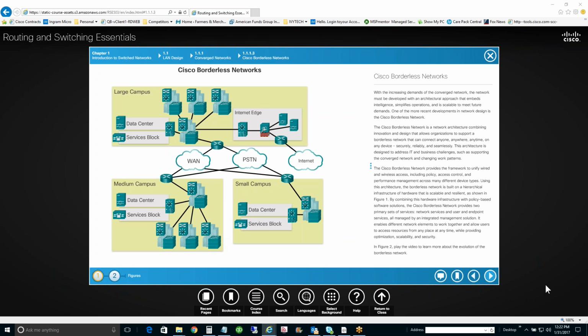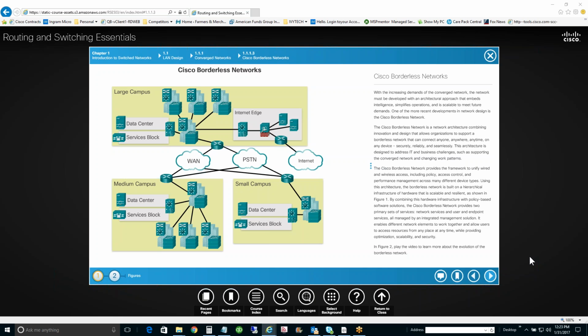On slide 1.1.1.3, Cisco talks about borderless networks. Borderless networks is essentially Cisco's marketing term implying that their networks can connect anyone, anywhere, anytime, and on any device. Sounds too good to be true, but conceptually it is possible on a Cisco network.